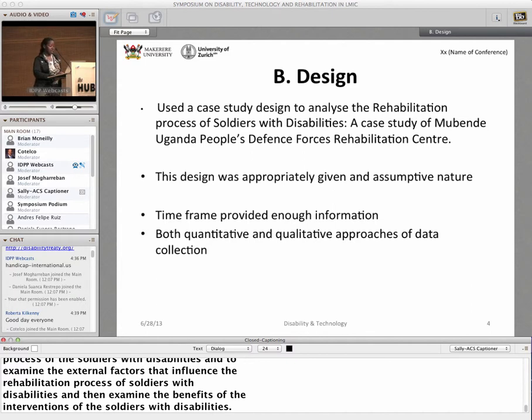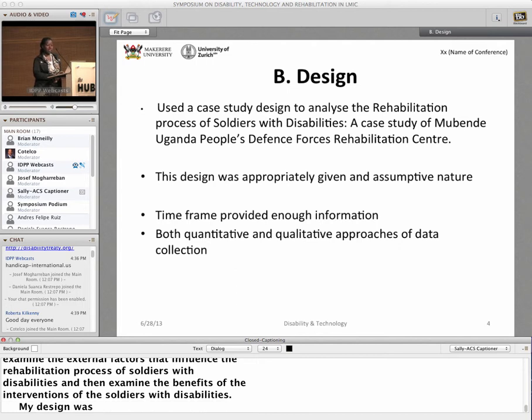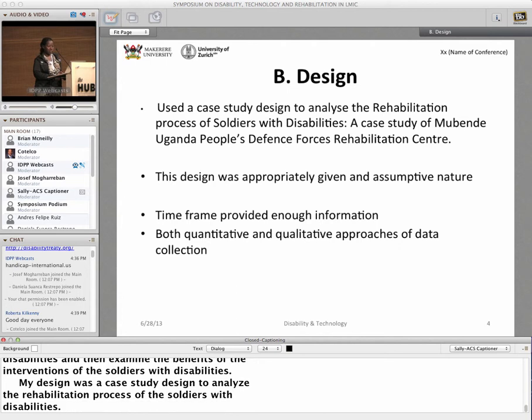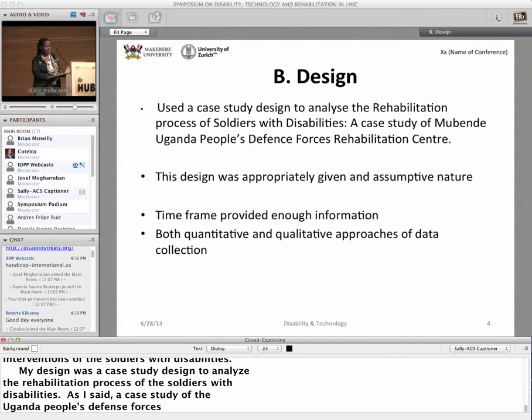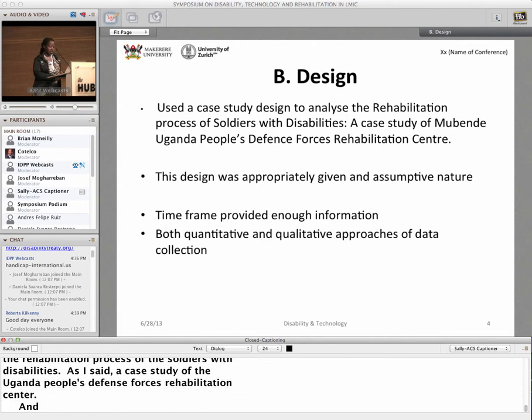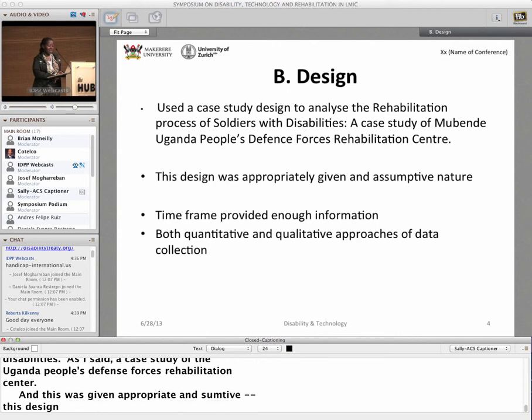My design was, this study used a case study design to analyze the rehabilitation process of the soldiers with disabilities. As I said, a case study of the Uganda People's Defence Forces Rehabilitation Centre, and this design was appropriately given.